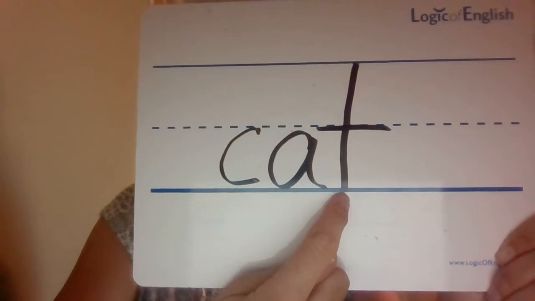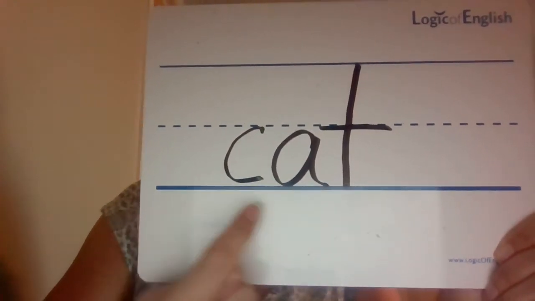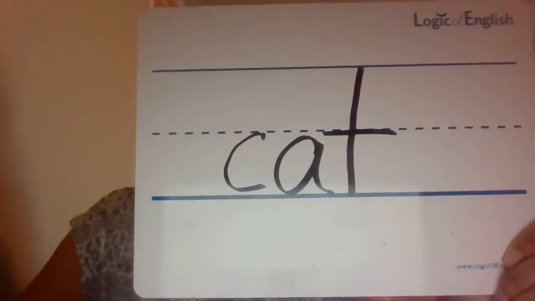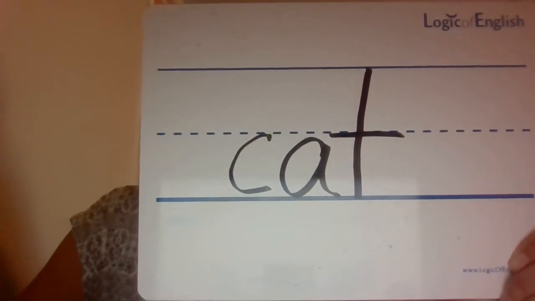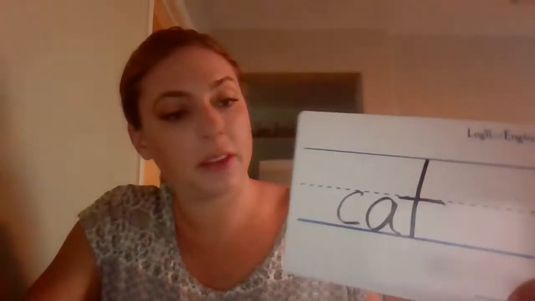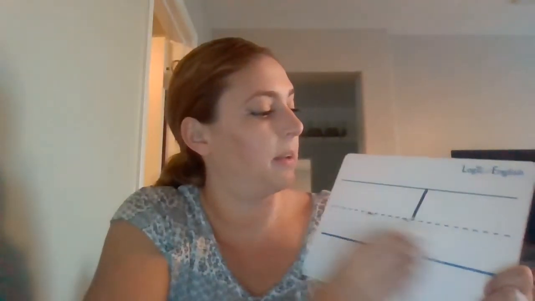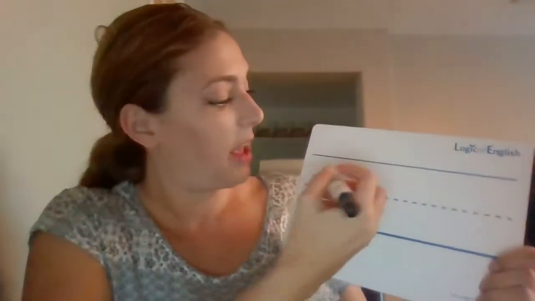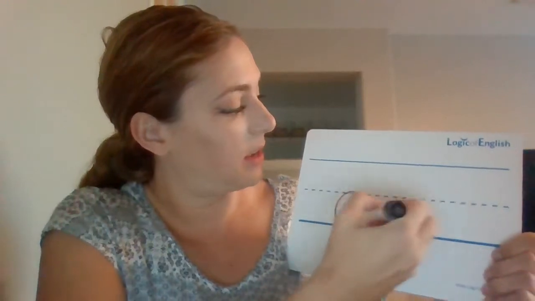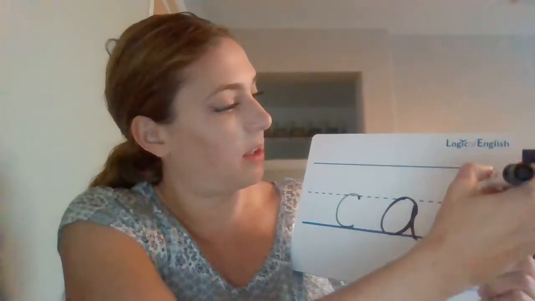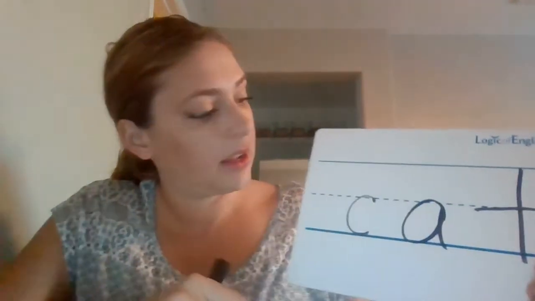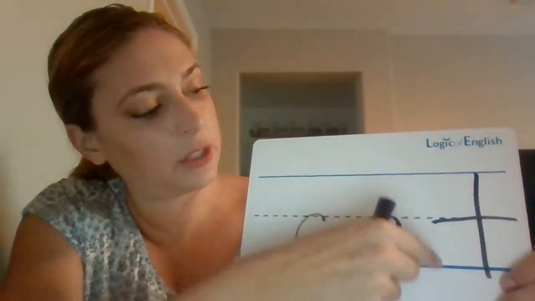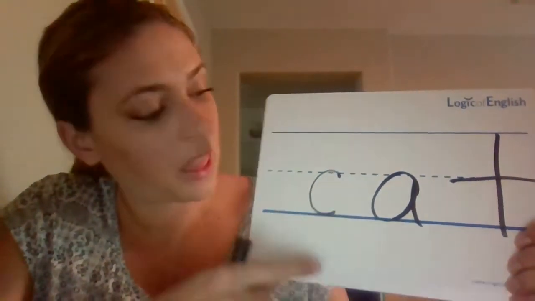When they are next to each other, it signals to blend the sounds together into a word, right? It's different than when we have the letters by themselves, as we have been introduced. If I had the letters C, A, T like this, do you see those big finger spaces in between them?